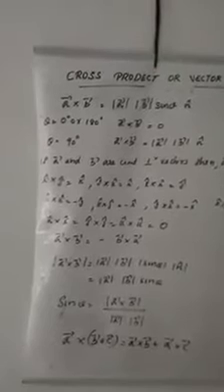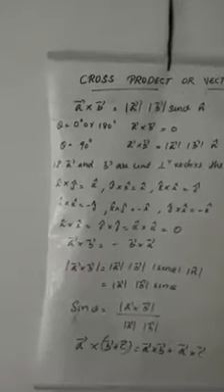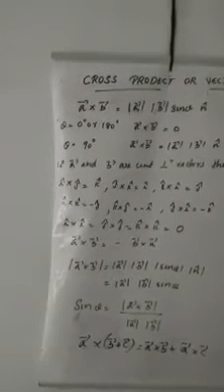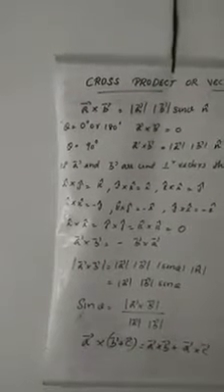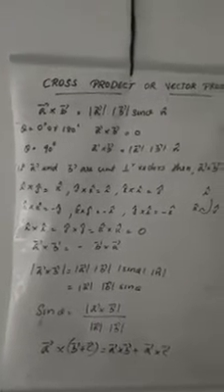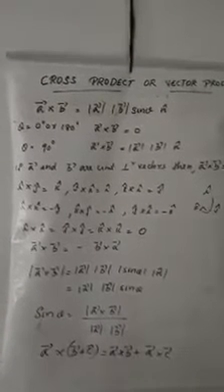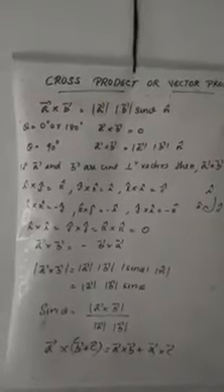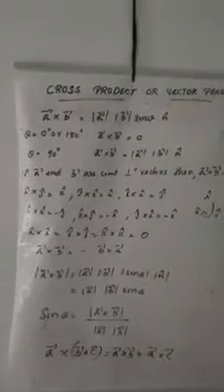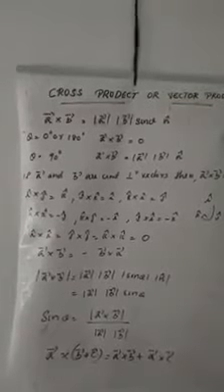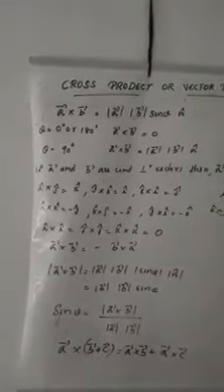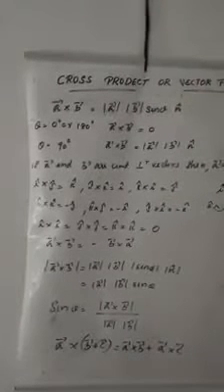And because of the symbol cross in between the vectors A and B, it is also known as cross product. We can define the cross product A cross B as mod A, mod B, sine theta into n cap, where n cap is the unit vector perpendicular to both A and B, and its direction is from A to B. Then what will be B cross A?